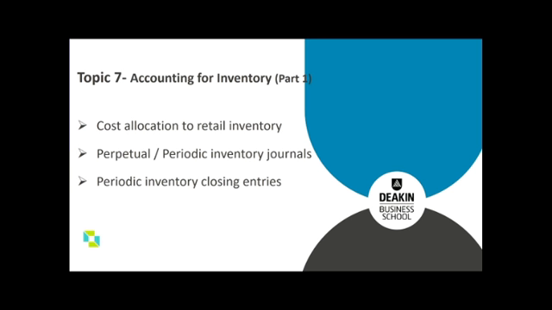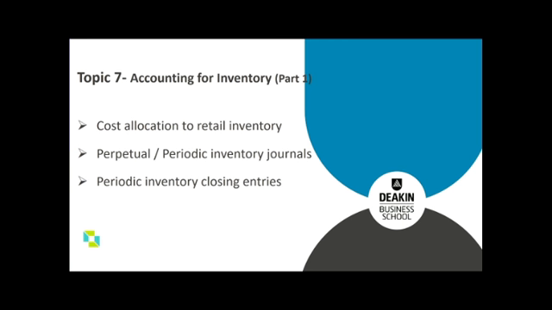Then we'll have a look at, that will be the chunk of our lecture today. We'll look at the perpetual versus periodic inventory systems, right? And then we'll have to figure out how we prepare our journal entries to record purchases, purchase returns, sales of inventory under these two different systems. I can tell you right away that the perpetual system is better.